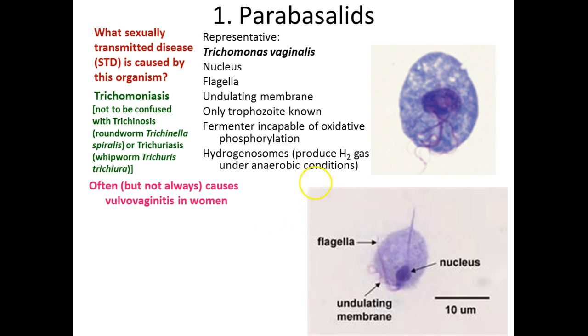It can also cause an infection not only of the vagina, but also of the vulva for women. Sometimes it's confused with other organisms. There's a roundworm, Trichinella, that can cause an infection in this area, as well as a whipworm.